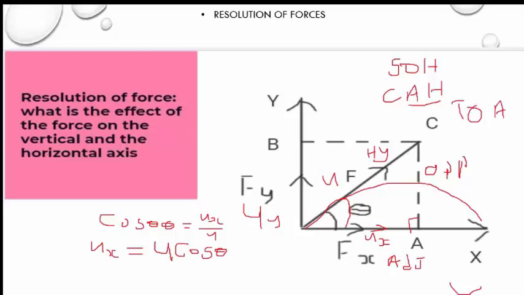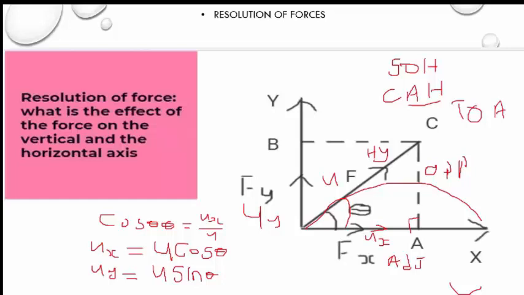And similarly, my uy will be equal to u sin theta. What we have is just initial velocity on the horizontal axis, initial velocity on the vertical axis.